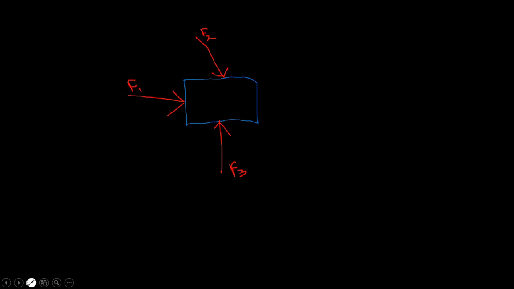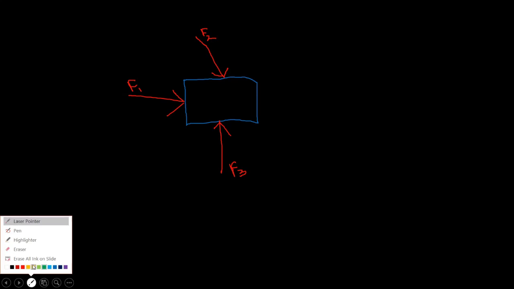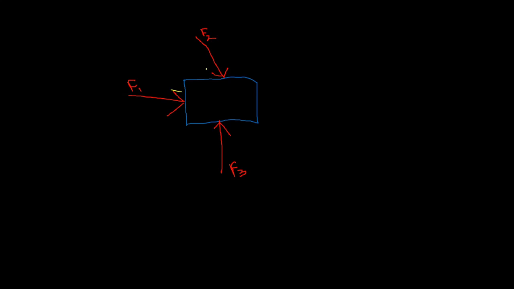If I am pulling from this side and he is pushing from the other side, the body would turn. I just want to say that forces are independent, like independently a person can do what he wants.